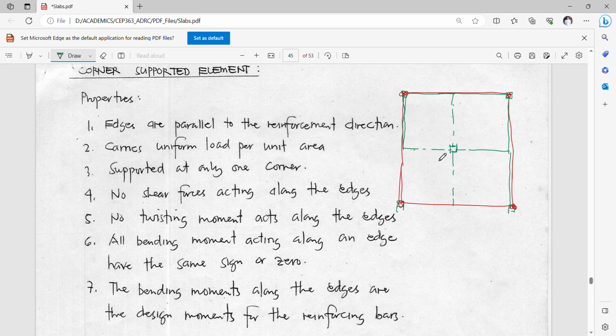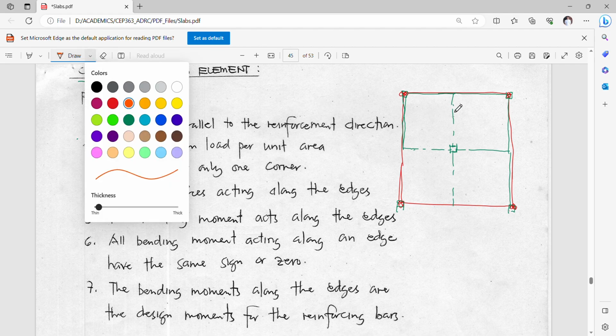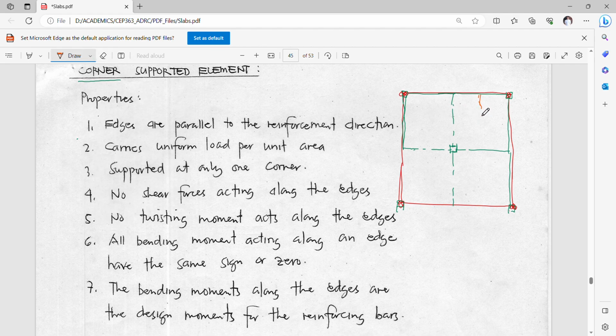We now call this support a corner supported element, because what we're doing here is to subdivide our slab further into sub panels like this. Since this part here is supported along the edges, we will first take care of the weakest slab subdivisions or slab segments.